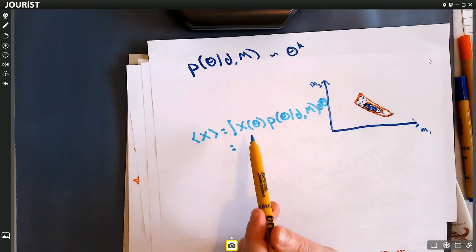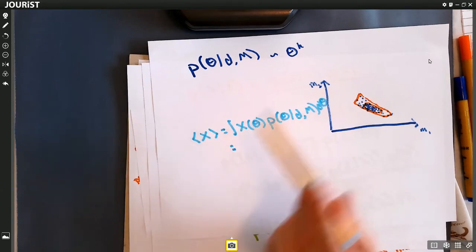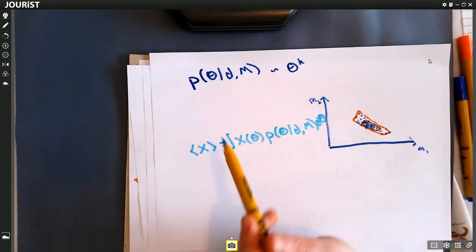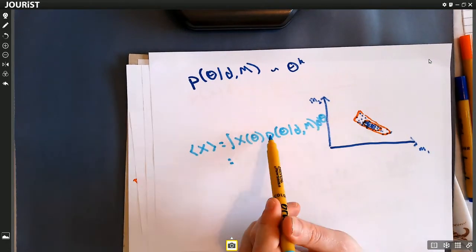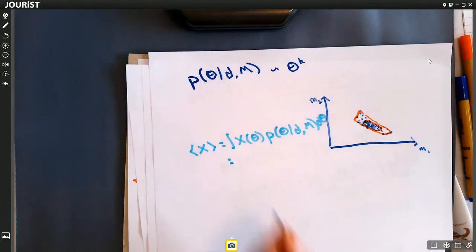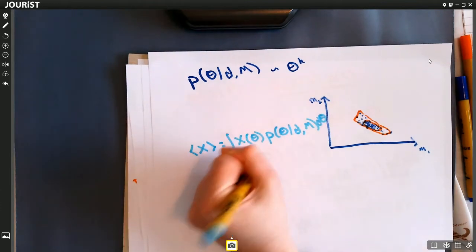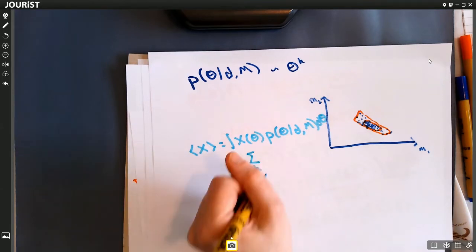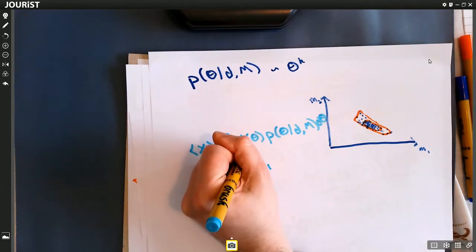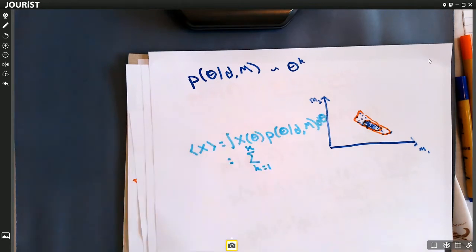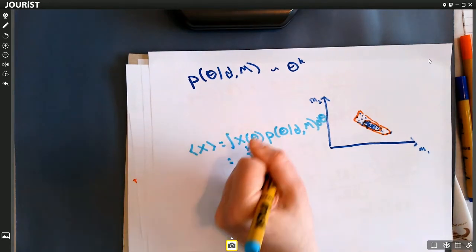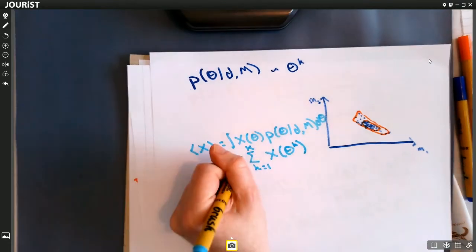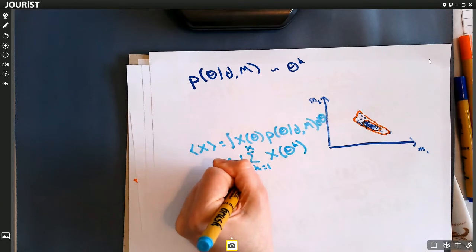And in fact, this is how we calculate expectation values with a set of posterior samples: we replace our integral over the probability distribution with a sum over posterior samples. So if we have a bunch of posterior samples, little k equals 1 up to big K for the total, this becomes the value of x evaluated for each posterior sample, divided by the total number of samples.